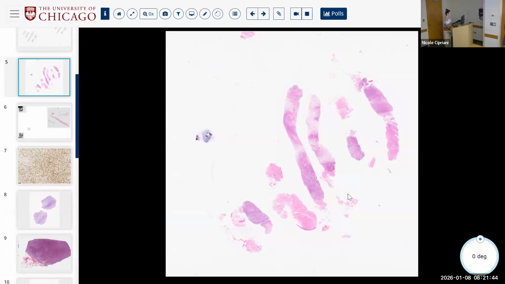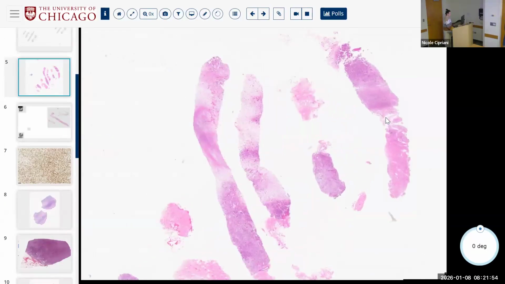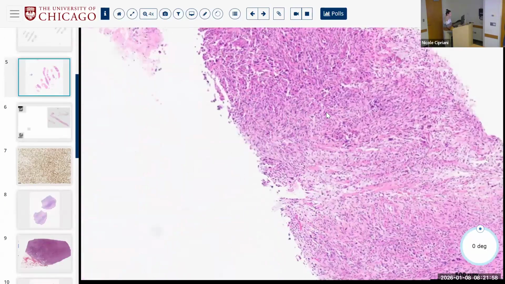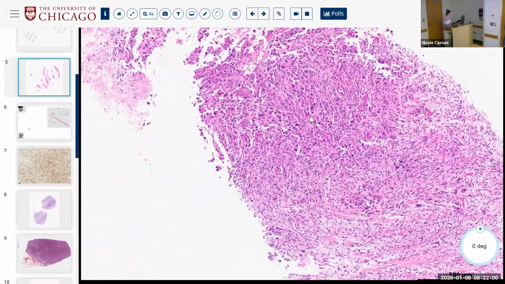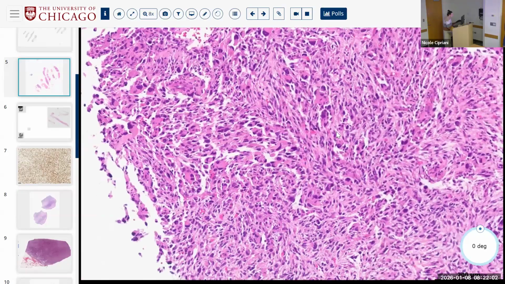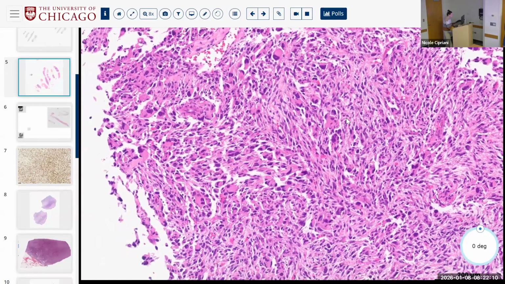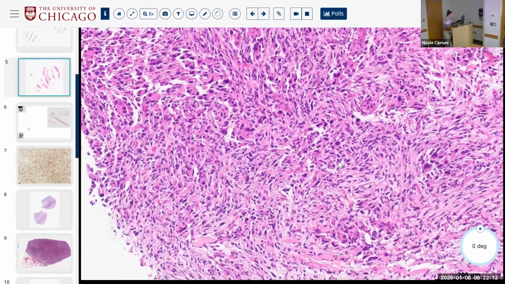So your cores are fragmented, a large core, looks pretty good. Some areas of either fibrous tissue or maybe necrosis at low power. At high power, it's very cellular, it looks very spindled. We do have these very large atypical cells, giant, almost eccentric nuclei that are perinuclear.